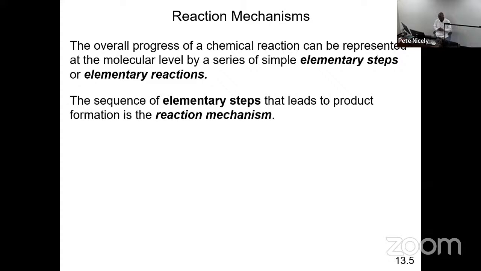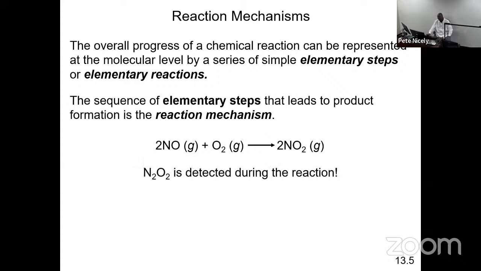So as stated here, the overall reaction can be represented by a series of elementary reactions. And basically that collection of elementary reactions in sequence, we call the mechanism of the reaction. So just to give you a simple example, let's say you have a reaction between nitrogen monoxide and oxygen to form nitrogen dioxide. And let's say somebody was doing this experiment and they determined that during this reaction, dinitrogen dioxide is formed.